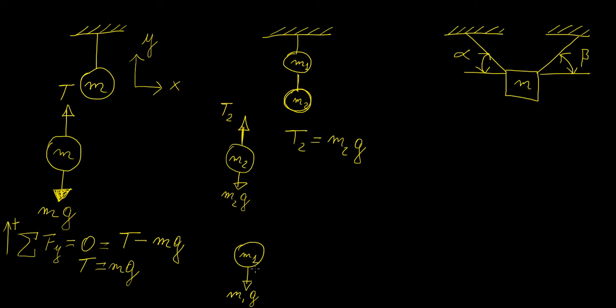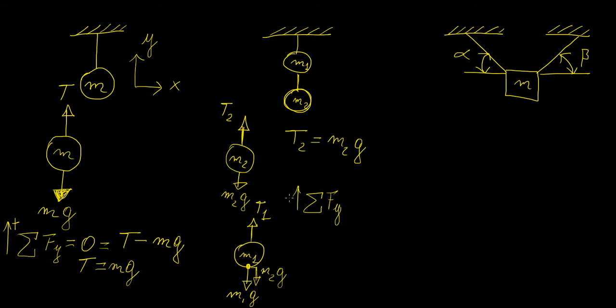So we're also going to have another force, and I'm just going to draw it next to it here, but essentially they're both acting about the center here. This force is going to be T2, which is M2 times G, and they're both pulling down on it. And now we have a tension force on this part of the string. So now we need to solve for that. Let's write the sum of the forces in the y direction.